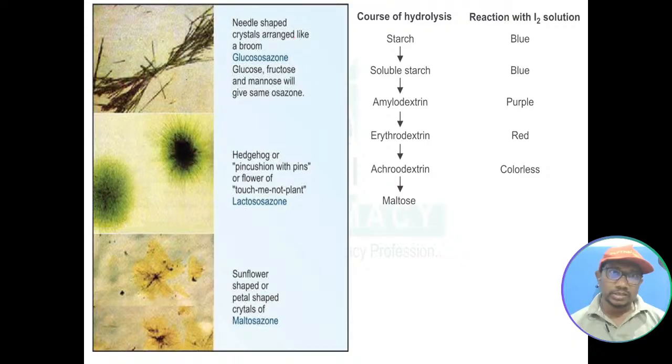So this is a needle shaped hay structure given by glucose, fructose and mannose. When treated with phenylhydrazine, they will give you glucosazones. Then lactose will give you powder puff shaped crystal, and maltose will give you sunflower shaped crystal.